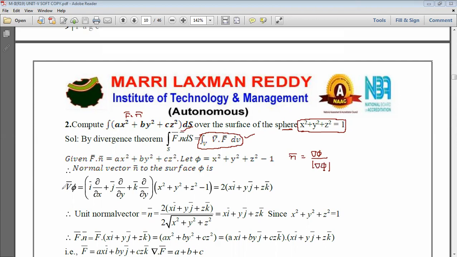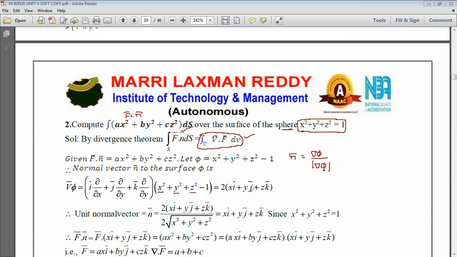Here, first, del phi: del is i dou by dou x plus j dou by dou y plus k dou by dou z, and phi is x square plus y square plus z square minus 1. If we apply the derivative, we simply get dou by dou x of x square is 2x, this is 2y, and this is 2z.